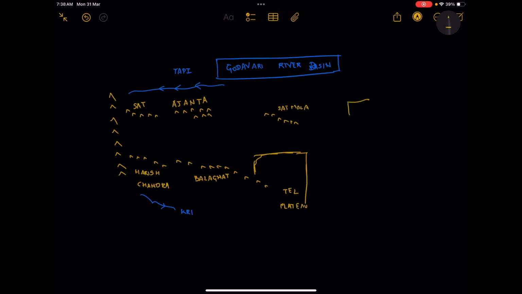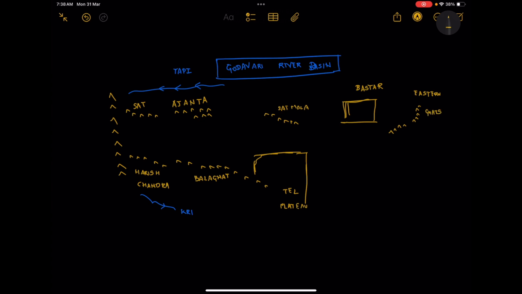I'm pretty sure you're able to recollect these because we had worked on the Bastar Plateau when we studied Mahanadi. And after the Bastar Plateau, to the eastern side, again, we have the Eastern Ghats, which are spread over parts of Odisha. So you can pretty much understand that this is a mighty river which we are talking about.